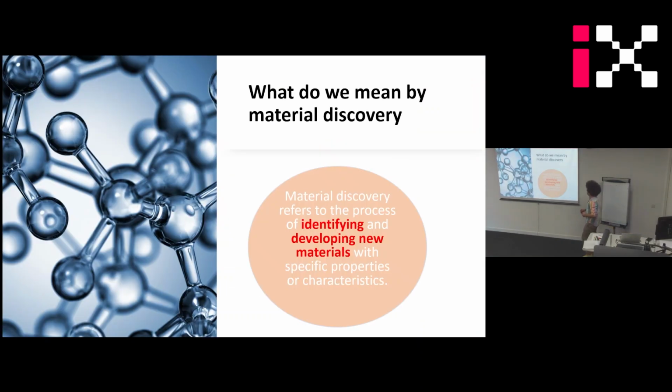First of all, what do we mean by material discovery? A definition that I found is that material discovery refers to the process of identifying and developing new materials with specific properties. So in the material space, you're looking for a specific application.